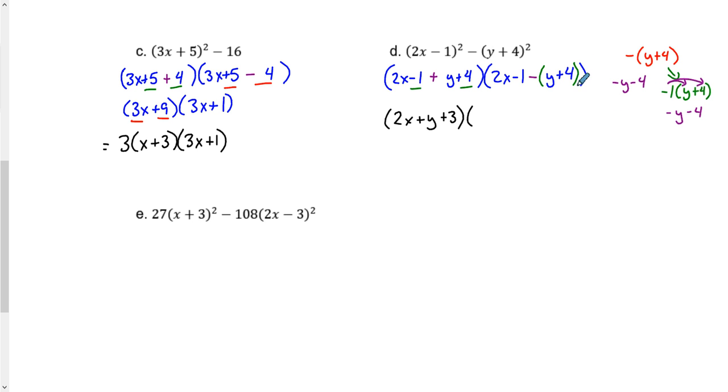Either way really is fine. It's just going to help us combine our like terms a little bit easier.